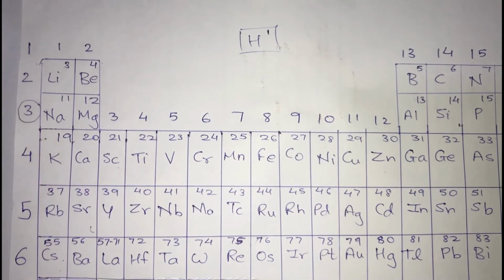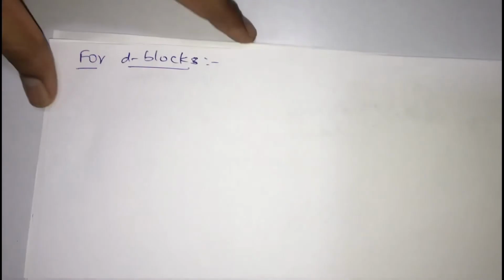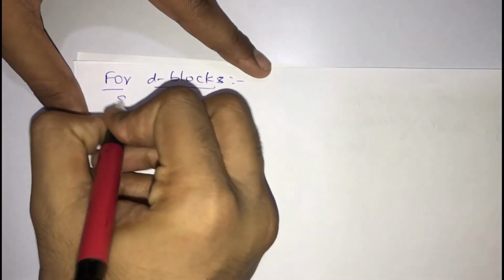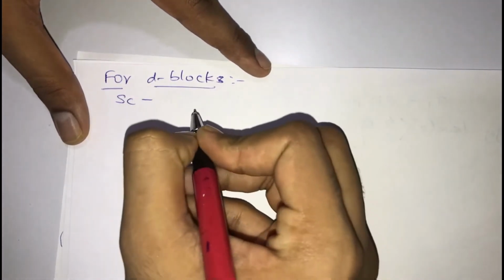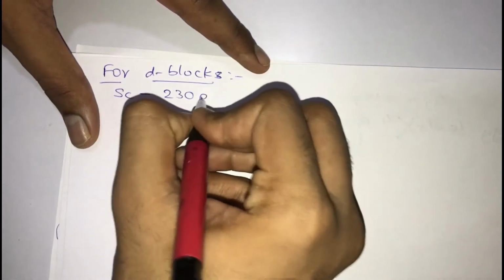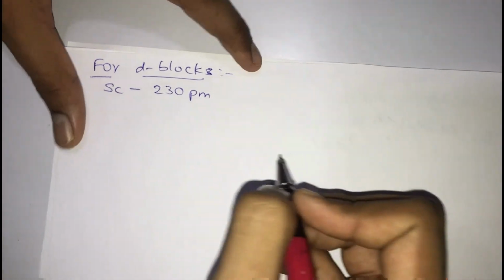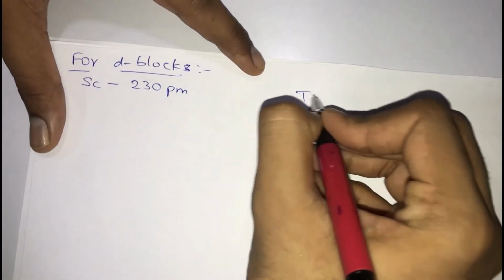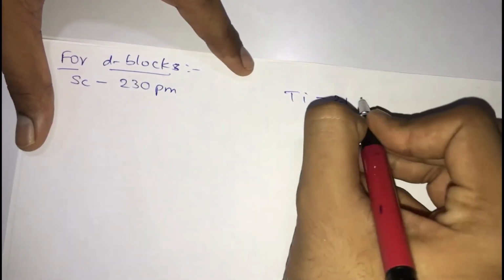So starting off with their atomic radii. The atomic radius of scandium turns out to be 230 picometer. The atomic radius of titanium is 215 picometer.